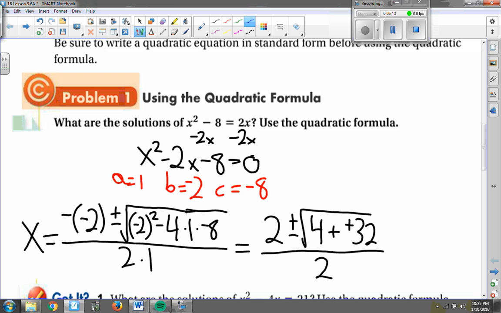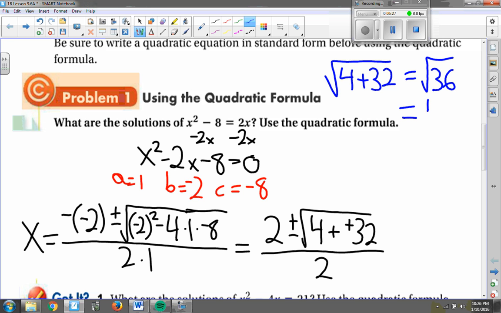Now, if I go up here for just a second and deal with this square root, I have the square root of 4 plus 32, because it was minus a negative, which is the square root of 36. Now, that should equal positive or negative 6, if we remember our rule about square rooting things.